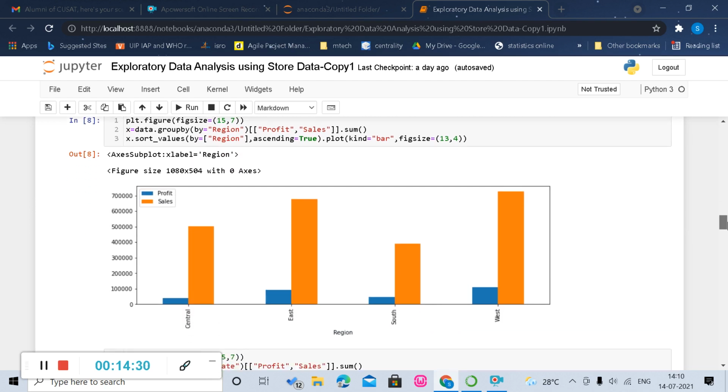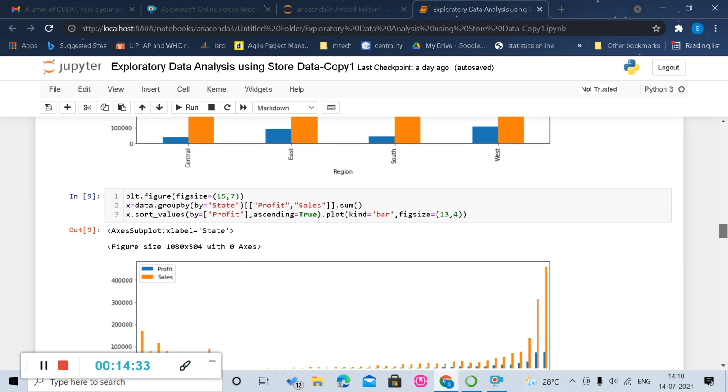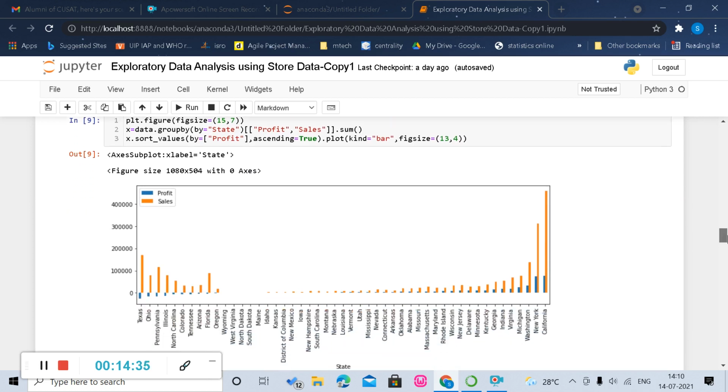Coming to the same thing in a different way, state wise I have displayed the profit and sales. You can see there are so many states where loss has happened, like 1, 2, 3, 4, 6, 7, 8, 9, almost 9 to 10 states are facing loss.